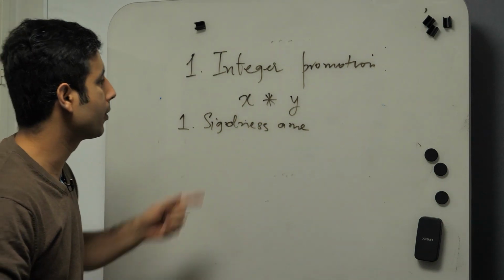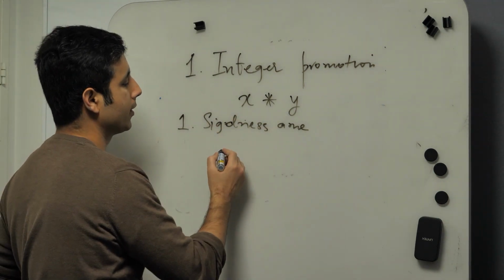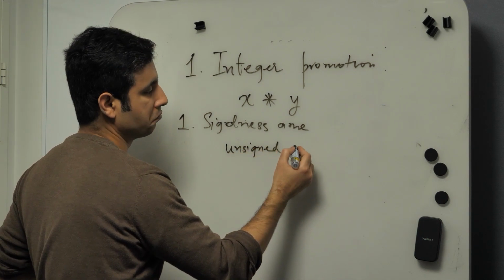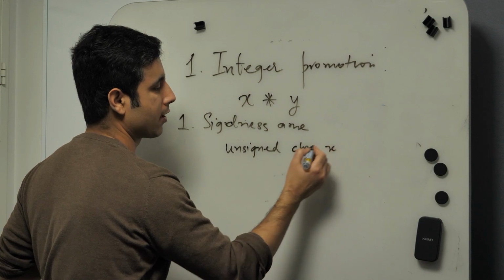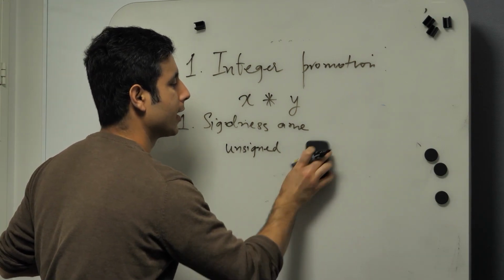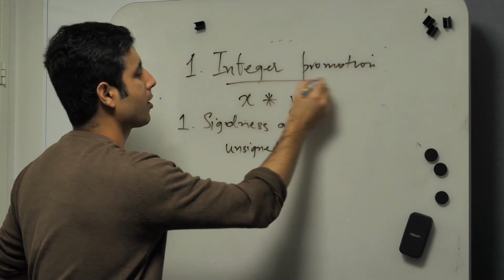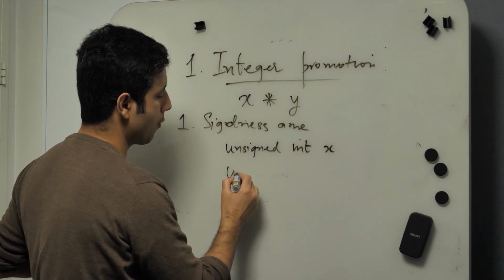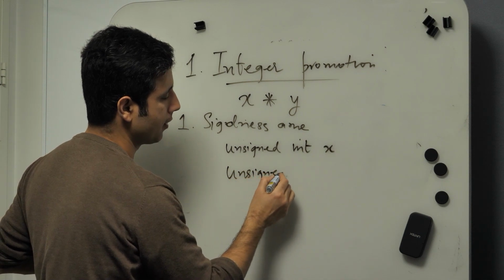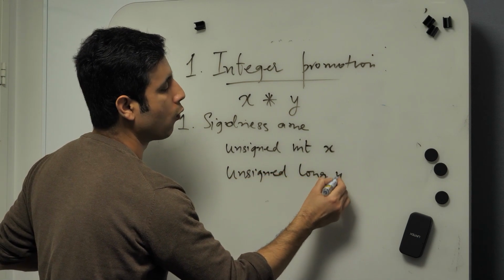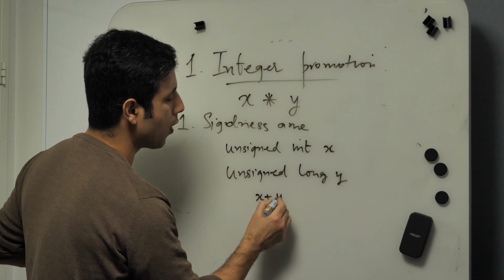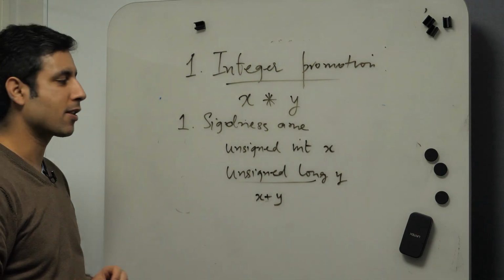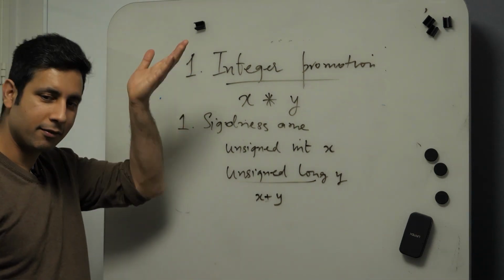For example, if we have unsigned int x, not char, because char is already gone by this time because of integer promotion, and we have unsigned long y, then x plus y has common type unsigned long, because unsigned long has higher ranking in the ranking hierarchy.